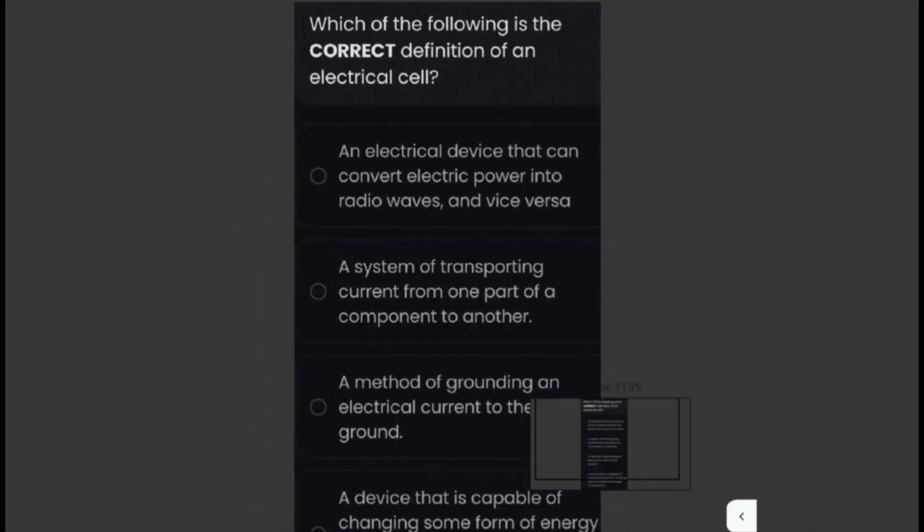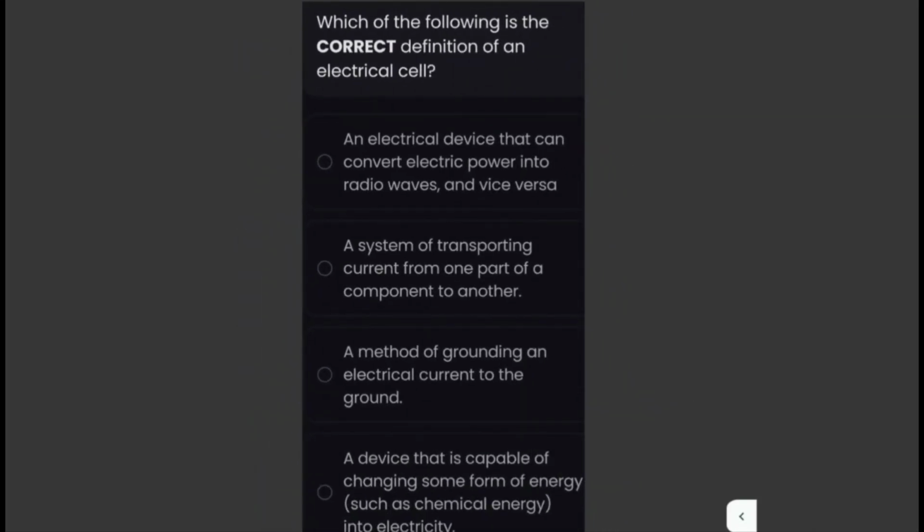Which of the following is the correct definition of an electrical cell? First, let's define what an electrical cell is. An electrical cell supplies electrical current. Examples of this include batteries and solar cells.